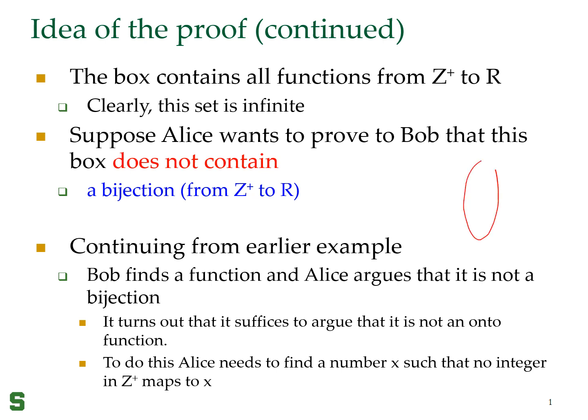So if this is a function from Z plus to R, then she needs to find something over here such that nothing is mapping to this particular entry. To show that the function is not onto, I need to find some element in this set R, and I have to show that 1 doesn't map to it, 2 doesn't map to it, 3 doesn't map to it, and so on and so forth.